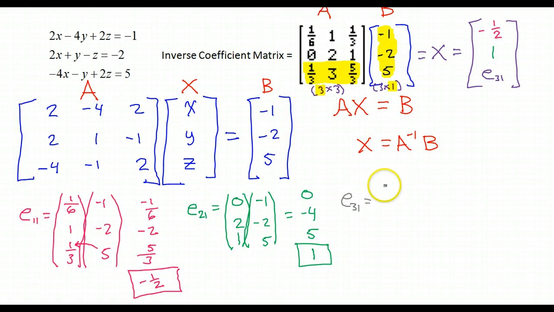So the third row is 1/3, 3, and 5/3. Okay, that's third row. And once again, our only column is -1, -2, and 5. So we are multiplying these together.